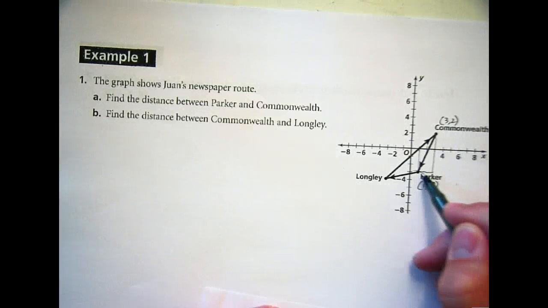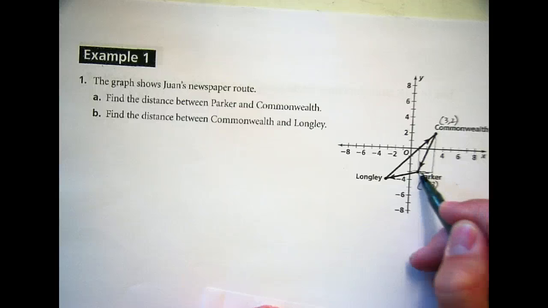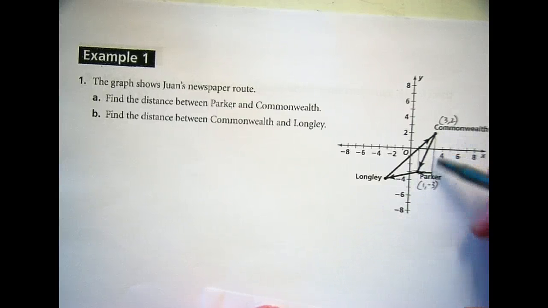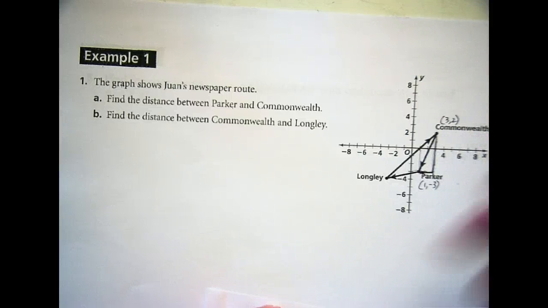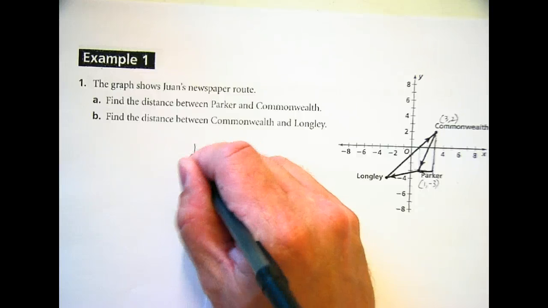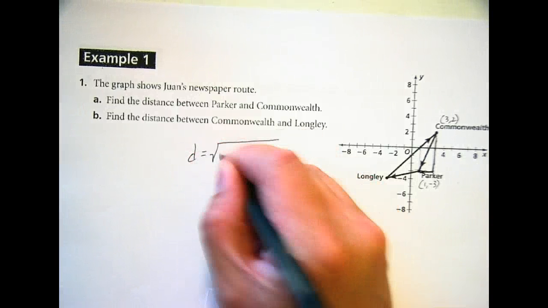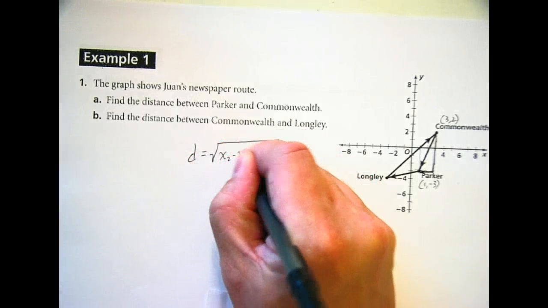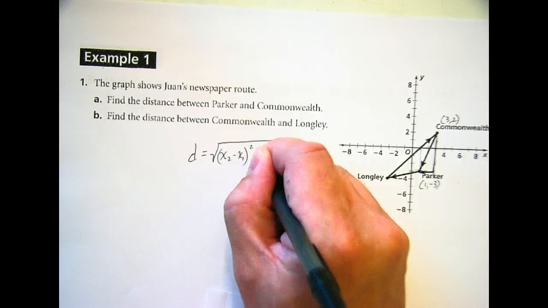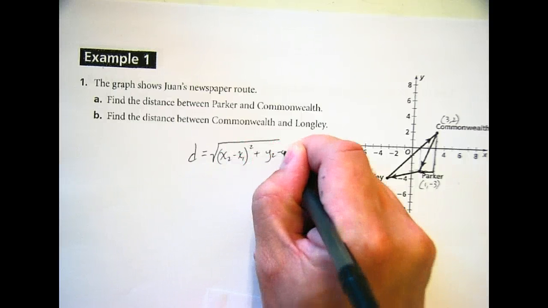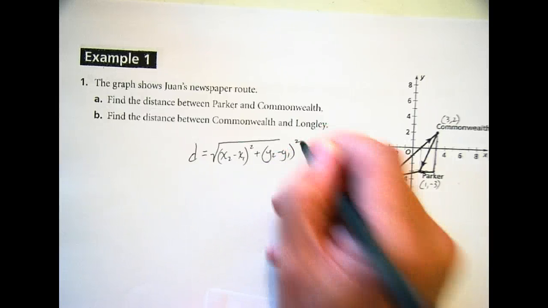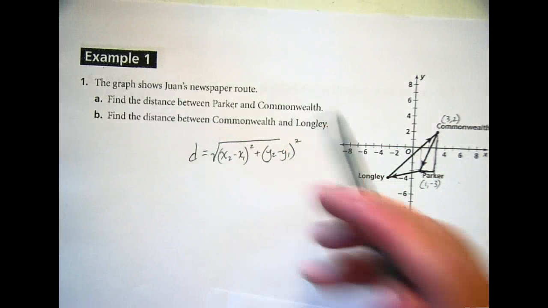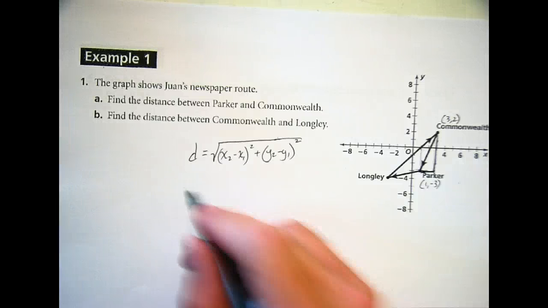So this length right here is part of our distance formula when we square them. But if you just want to use the distance formula and say, hey, that's x2 minus x1 squared plus y2 minus y1 squared, you can go that route as well. No matter what, I want you to find the distance right now between Parker and Commonwealth. Go for it.